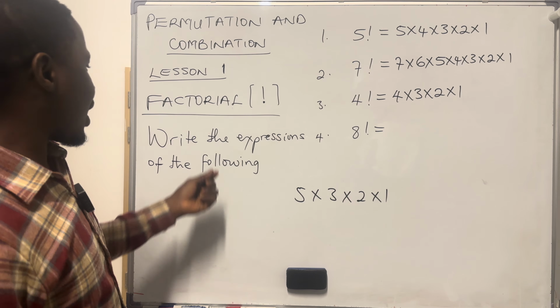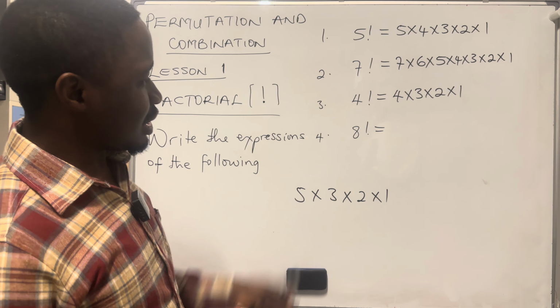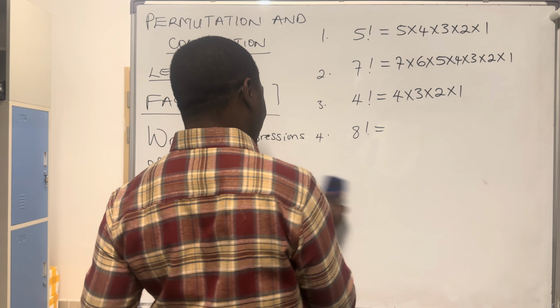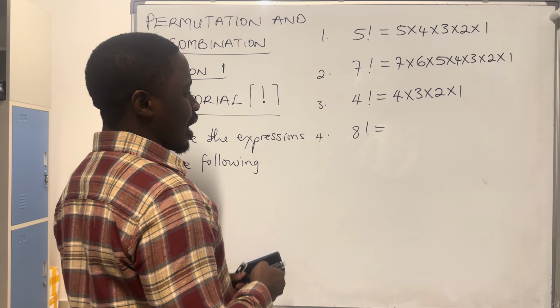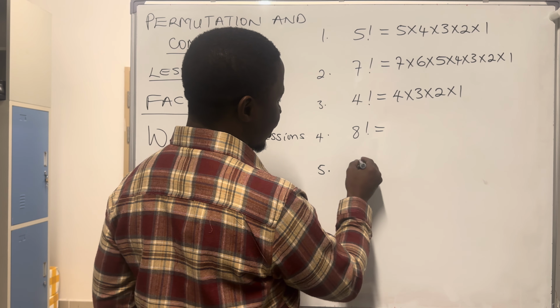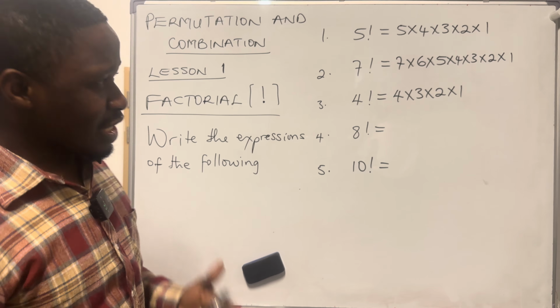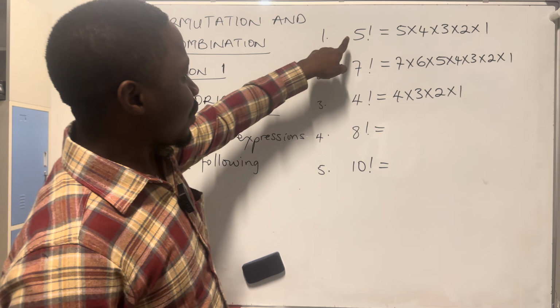So if we want to write the expressions of the following factorial numbers, this is what we have. I want you to tell me in the comment section what you have for 8 factorial, then what you have for 10 factorial.